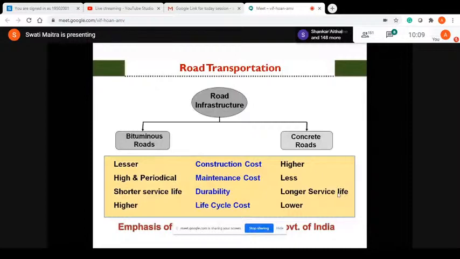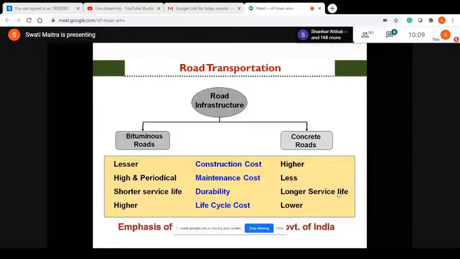So when we talk about the life cycle cost, the cost of concrete roads is lower. Though the initial construction cost is higher, considering the maintenance cost, durability and performance, the life cycle cost has been found to be lower in concrete roads.